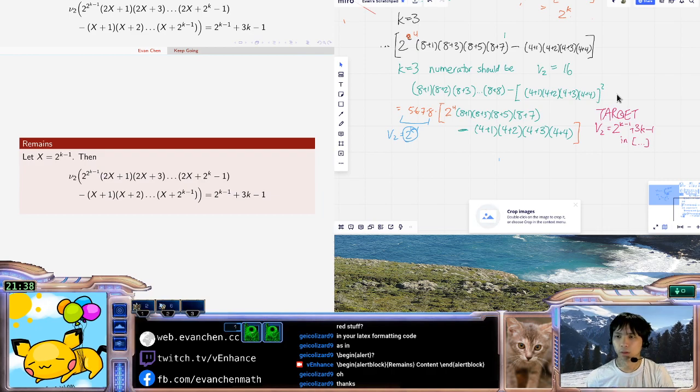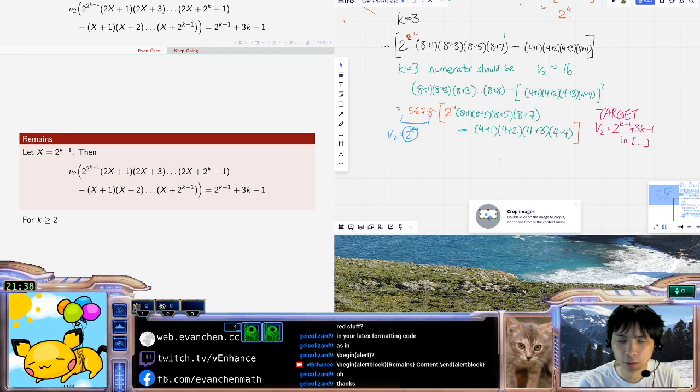Okay, so, okay, well here's the thing I can think about. So for k at least 2, okay. So we only need the big expression modulo 2 to the 2 to the k minus 1 plus 3k.